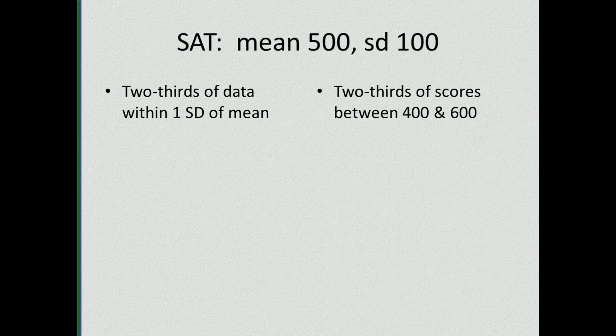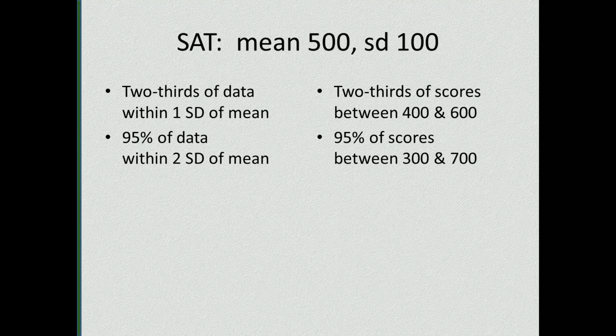What that means is, since the mean is 500, the standard deviation is 100, and 1 standard deviation out is 2/3 of the data, start at 500, go down 1 chunk of 100, you're at 400, go up 1 chunk of 100, you're at 600. We'll have about 2/3 of the SAT scores between 400 and 600. The SAT is designed to concentrate scores toward the middle, and most people will score in this 400 to 600 range.